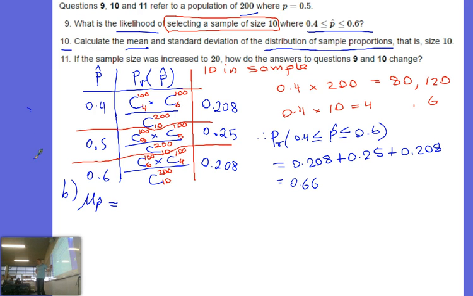What's that the same as? So you've got to think of the graph of sample proportions. What works out the center value of the distribution of sample proportions? What's that the same as?